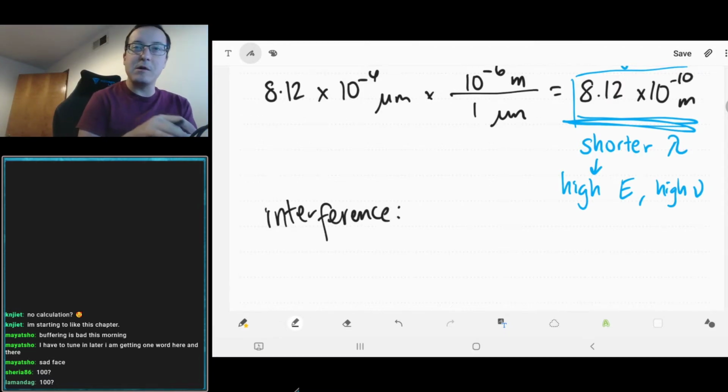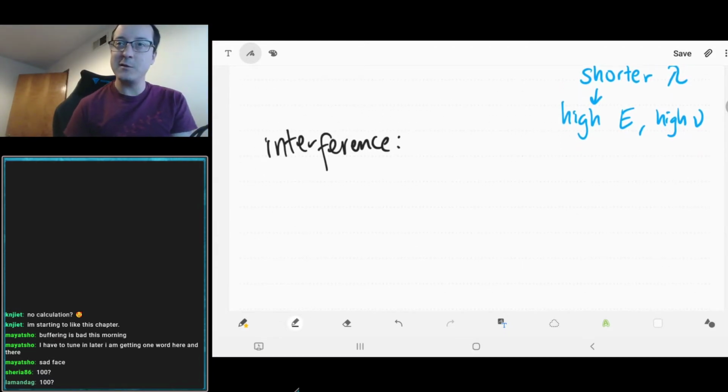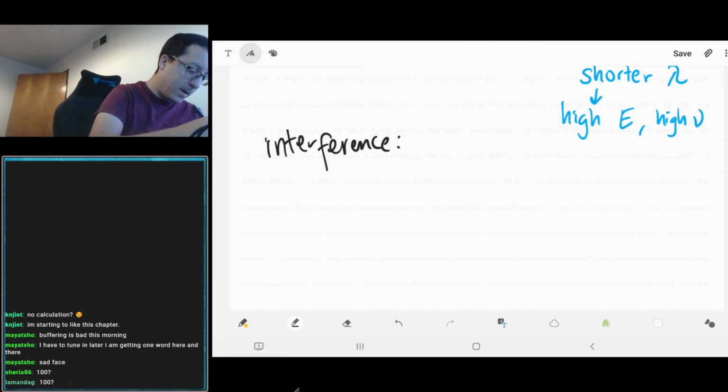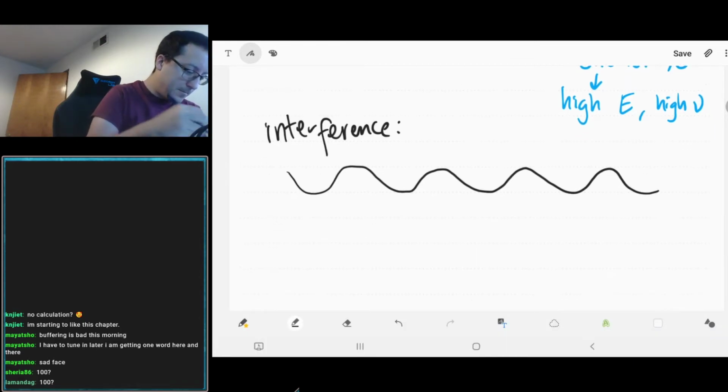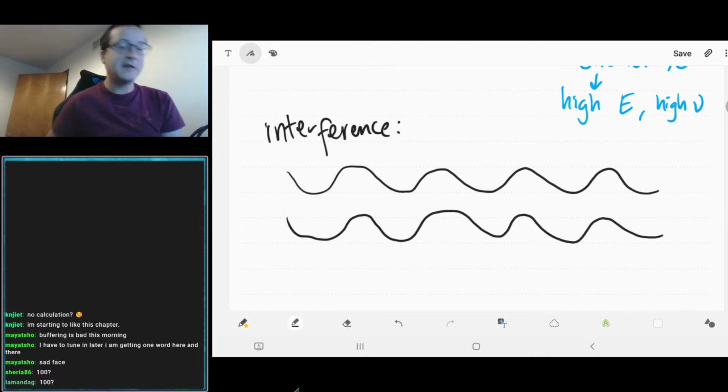So let's see what happens when light waves mess with each other. I'm going to try and draw two light waves together. Let's pretend those are identical, okay, because my drawing sucks.